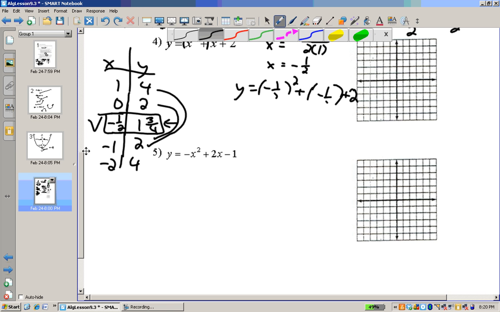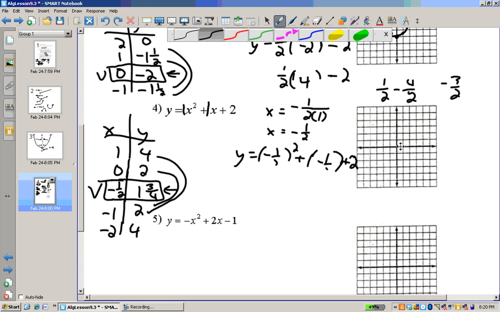And now all we have to do is graph. 1, 4, 0, 2, negative 1/2, 1 3/4, negative 1, 2, negative 2, 4. And you see that's going to give me that parabolic or quadratic curve. There we go.